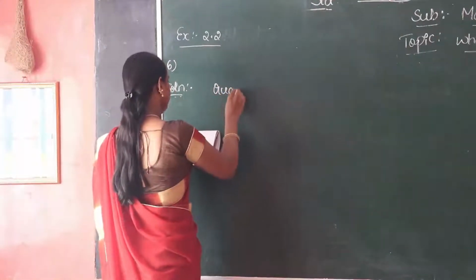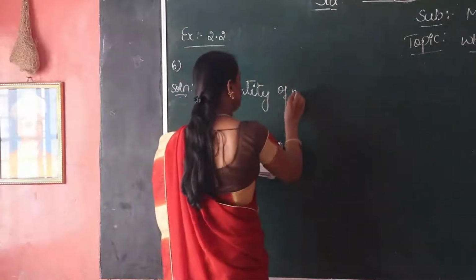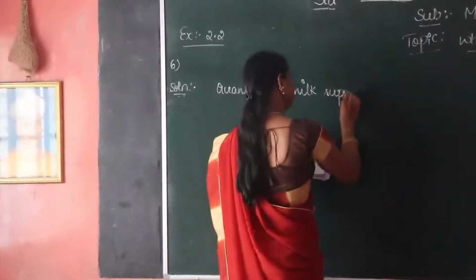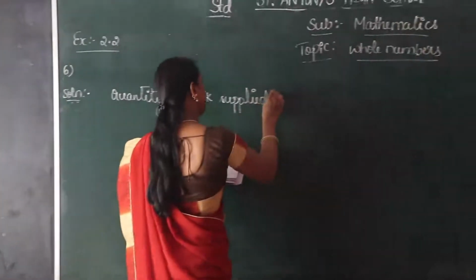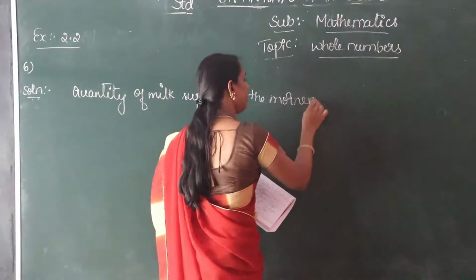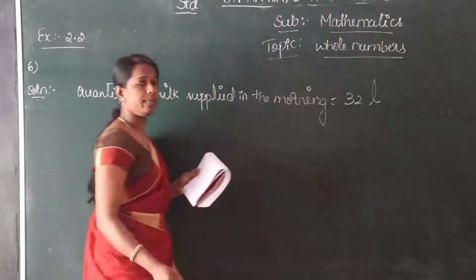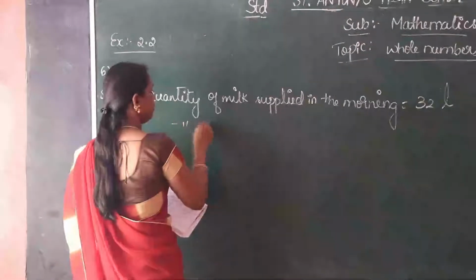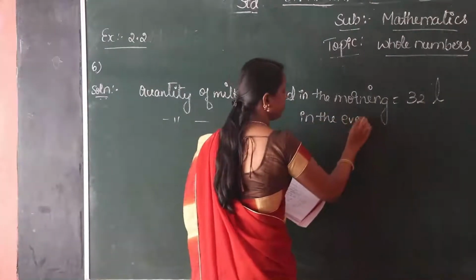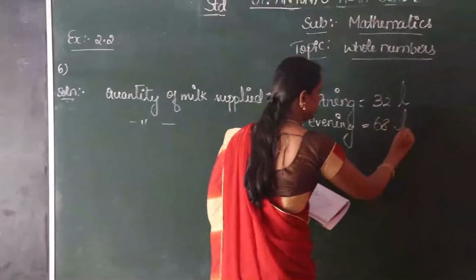Quantity of milk supplied in the morning, how much? 32 liters of milk. In the evening, how much? 68 liters.